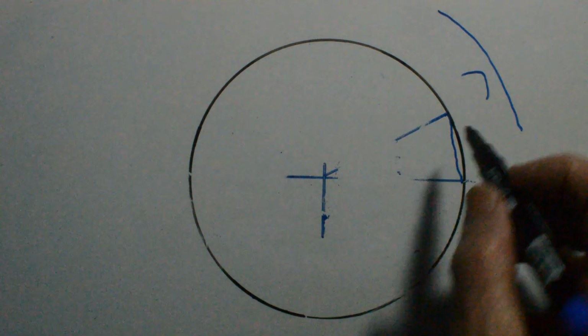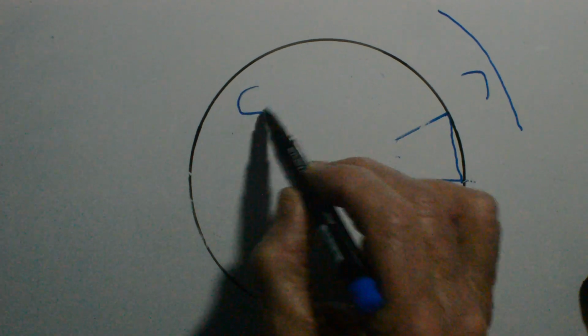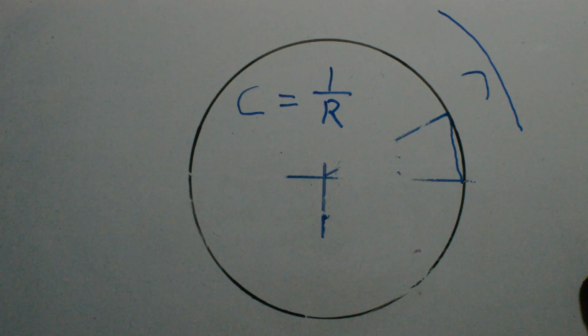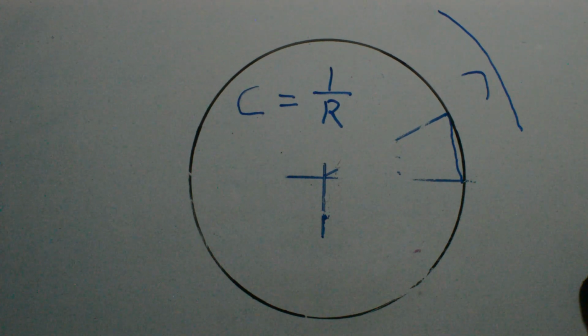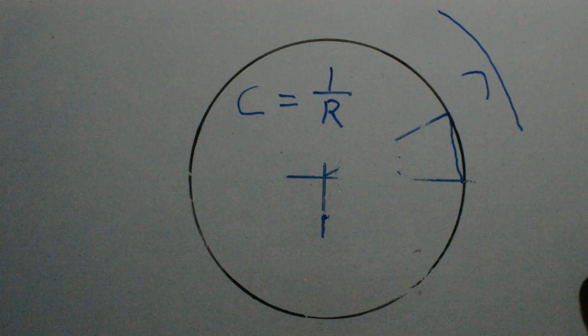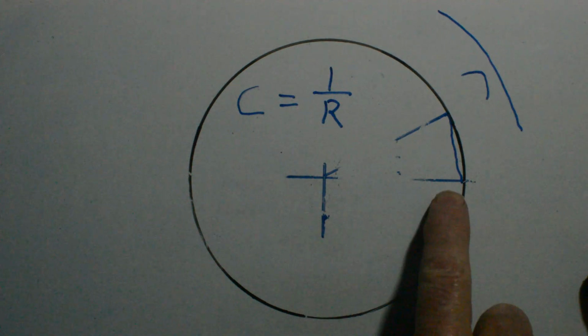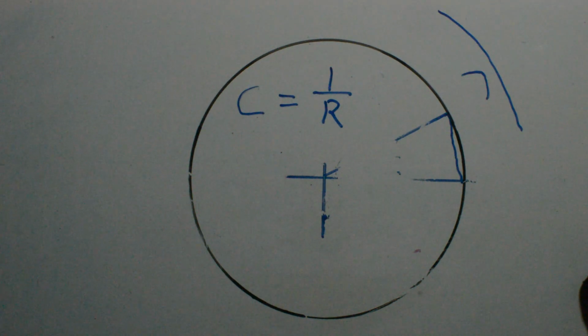Curvature is the inverse of the radius, so C equals 1 over R. Curvature is a very, very helpful concept. A lot of times we don't even really care about R, but we do want to know C. And a lot of formulas work a lot better with C than they do with R.